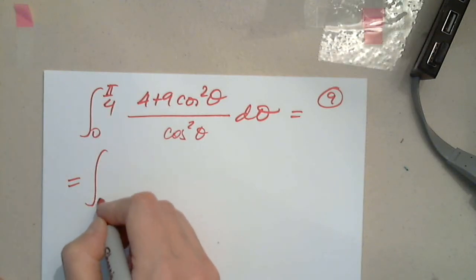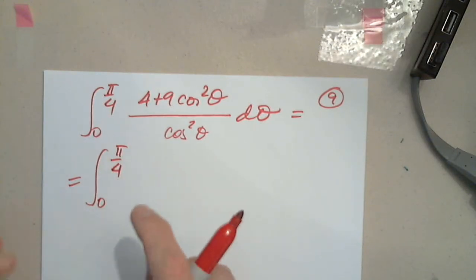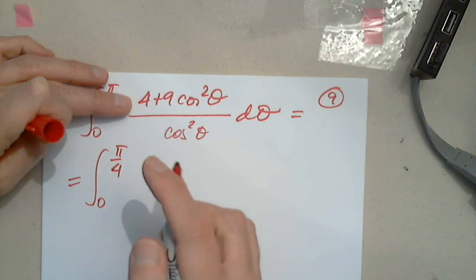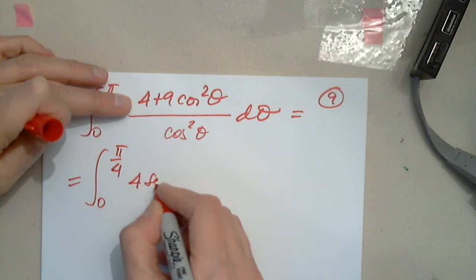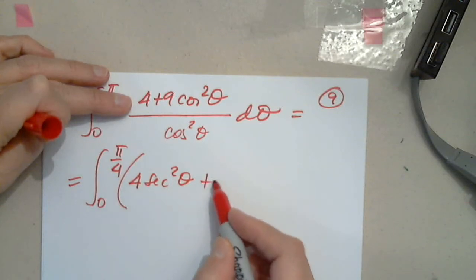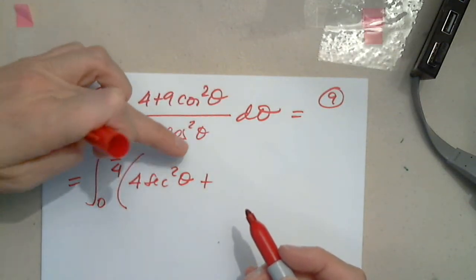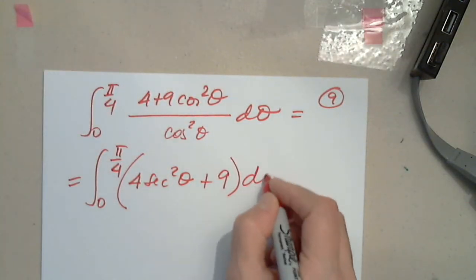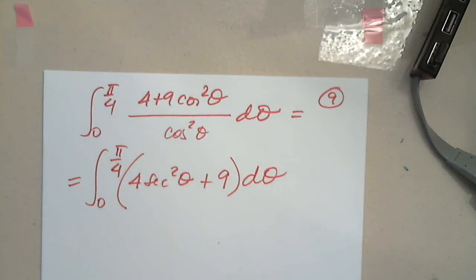So now I have the integral from 0 to pi over 4 of 4 over cosine squared, which is 4 secant squared theta, plus 9 cosine squared over cosine squared, just 9. So by a simple algebraic manipulation, separating this fraction into two fractions, I simplified it tremendously.